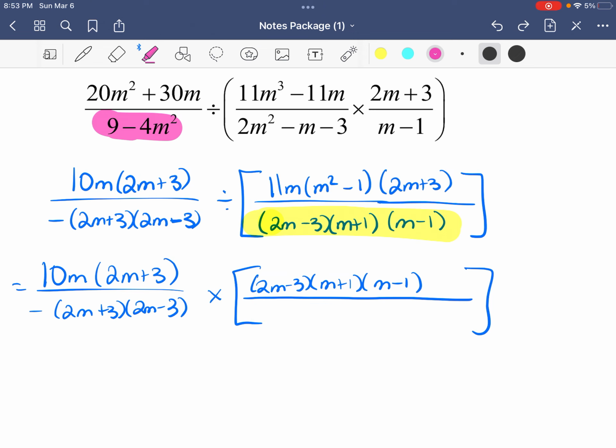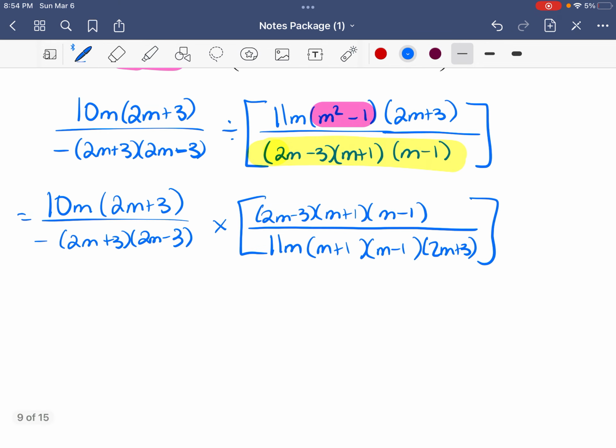Now I am going to do one thing here. When I write this down, I'm also going to expand this m squared minus 1. So we get 11m. This m squared minus 1 is m plus 1, m minus 1. Okay, and then we get 2m plus 3.